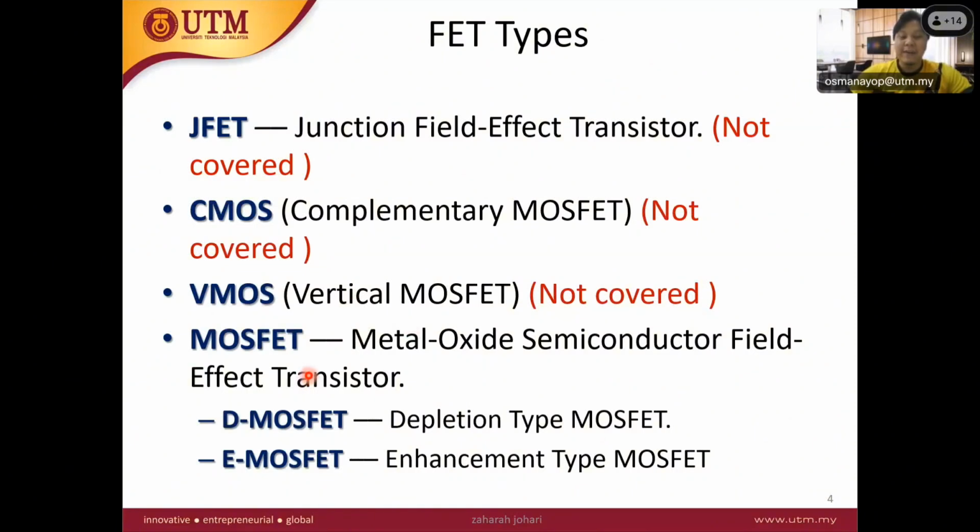We can divide this MOSFET into D-MOSFET and E-MOSFET. D-MOSFET refers to the depletion type of MOSFET, where this kind of MOSFET can operate at both regions, negative and positive VGS, while E-MOSFET, known as the enhancement type MOSFET, works only at one region, whether positive or negative, depending on the type of MOSFET, whether it's a P type or N type.